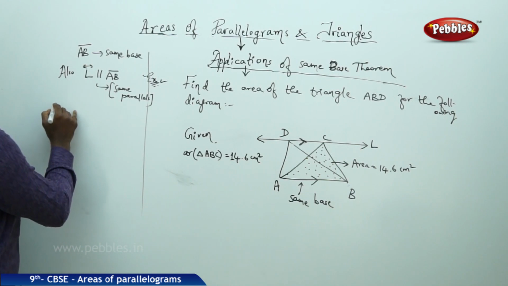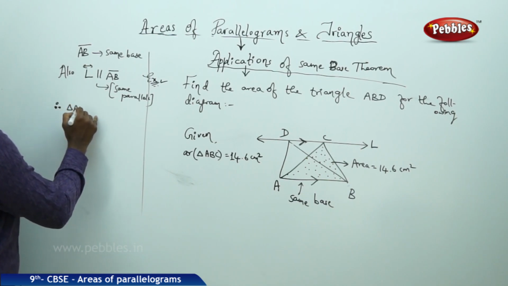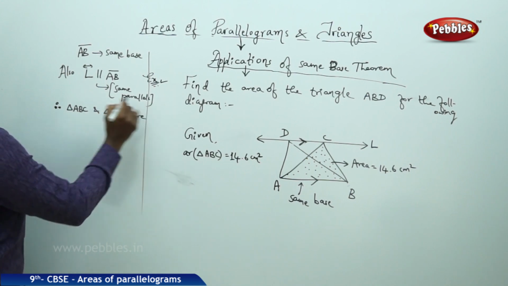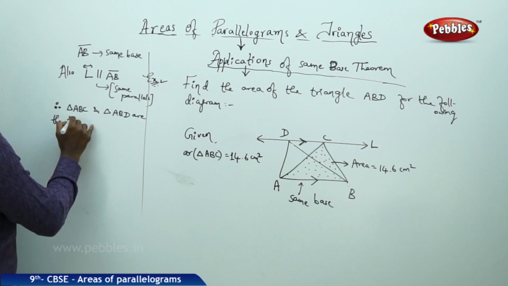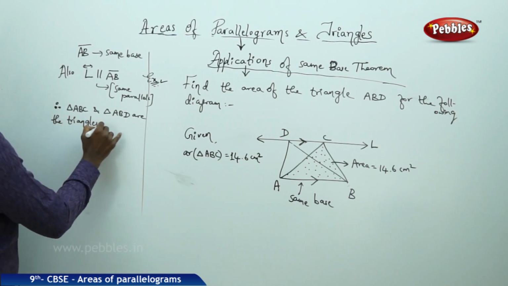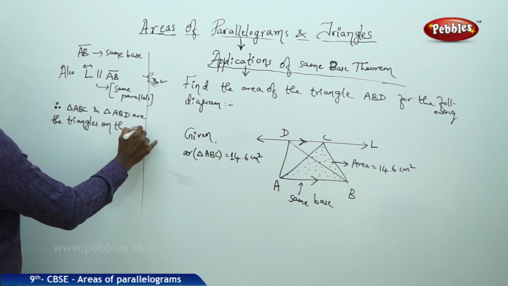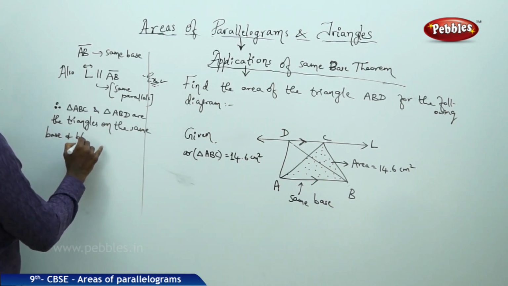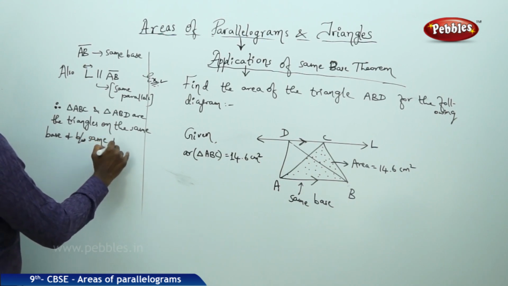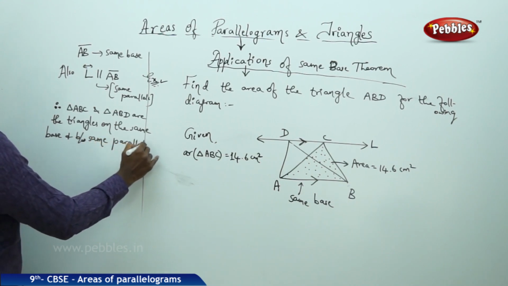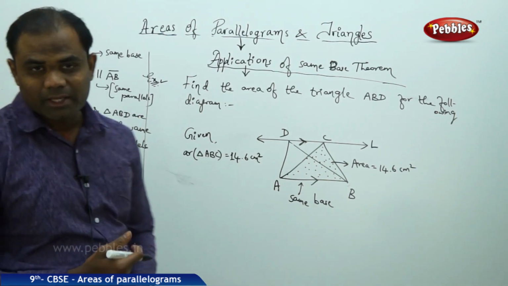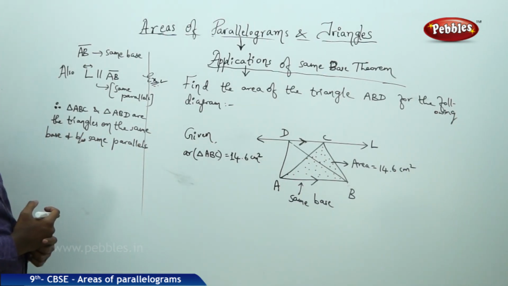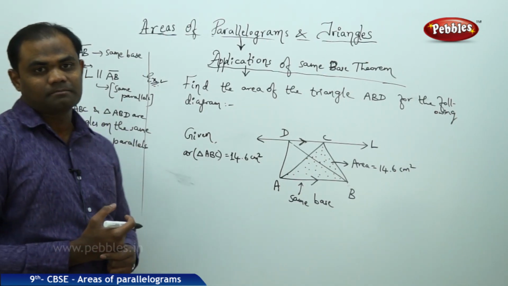Therefore, triangle ABC and triangle ABD are the triangles on the same base and between the same parallels.